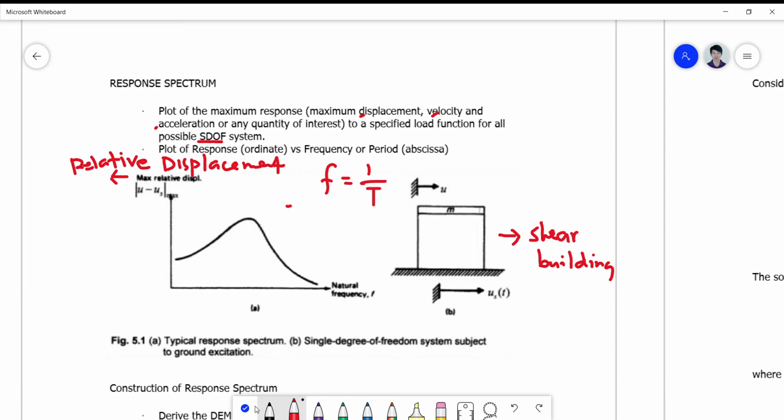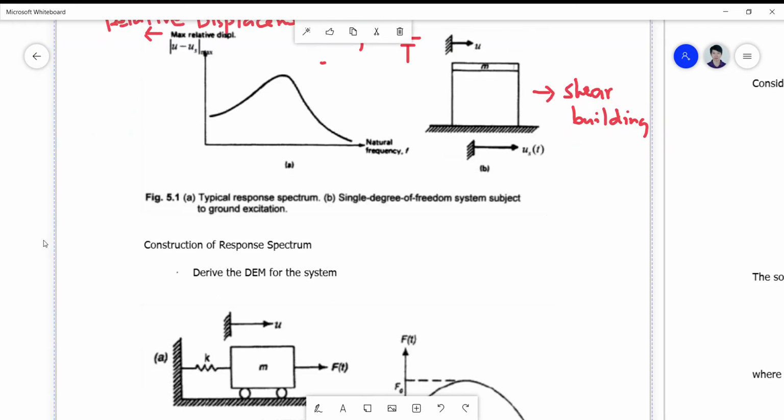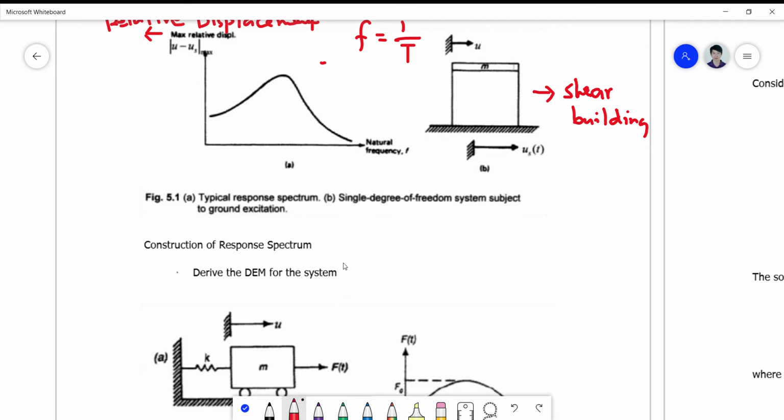So how do we construct a response spectrum? The construction of a response spectrum may be done analytically and verified experimentally. So if we have here the analytical derivation or the analytical procedure on how to do it, we also have the experimental procedure on how to check it.